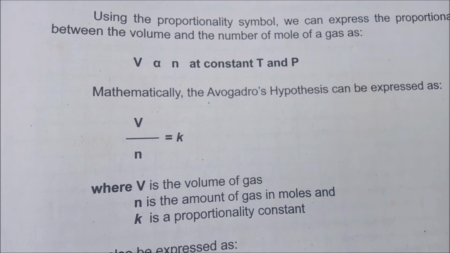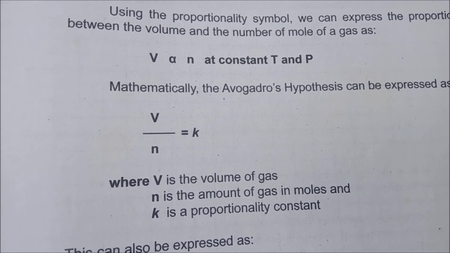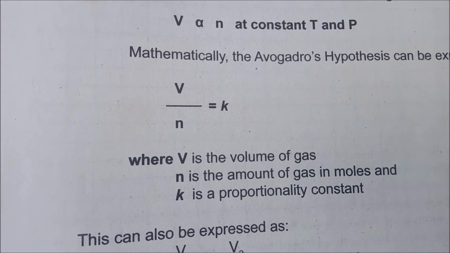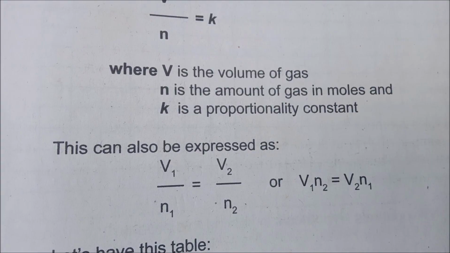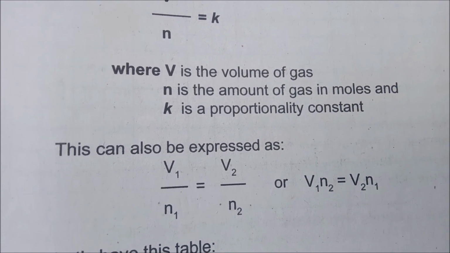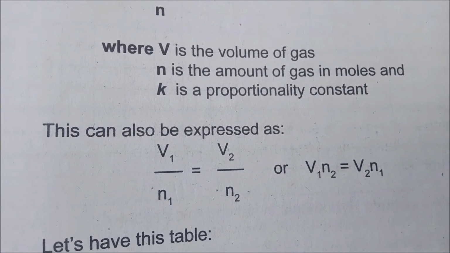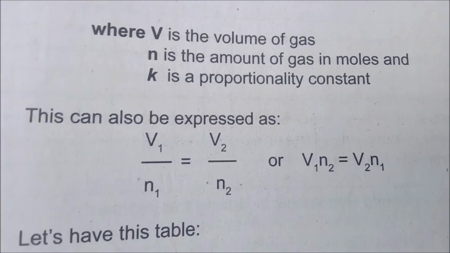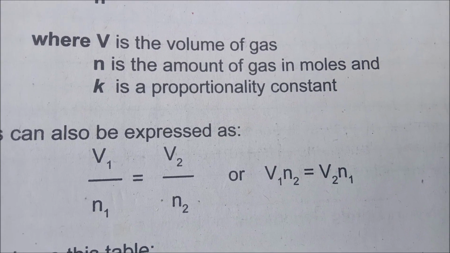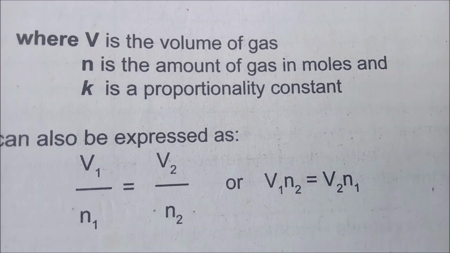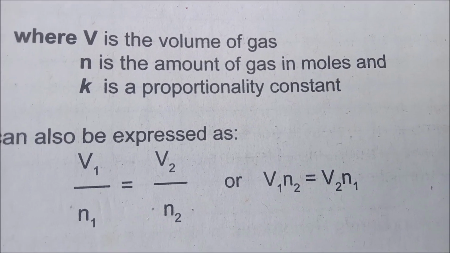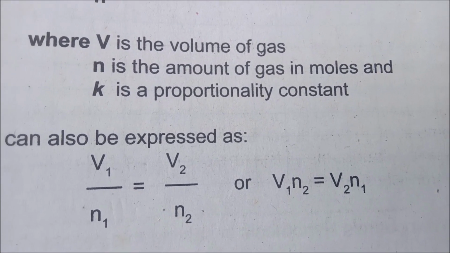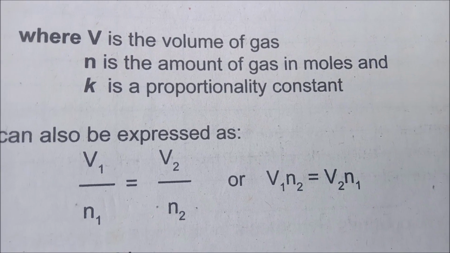Mathematically, Avogadro's hypothesis can be expressed as V over N is equal to K, where K is the proportionality constant. Avogadro's law can be expressed as V1 over N1 is equal to V2 over N2, or initial volume times the final number of moles of a gas is equal to the final volume times the initial number of moles of a gas.